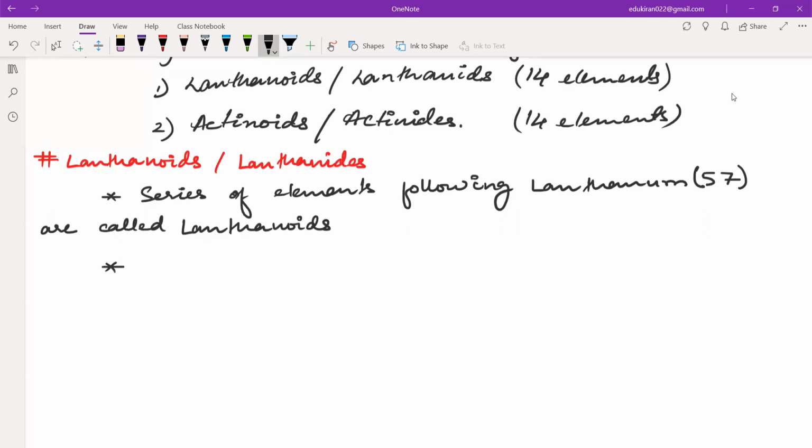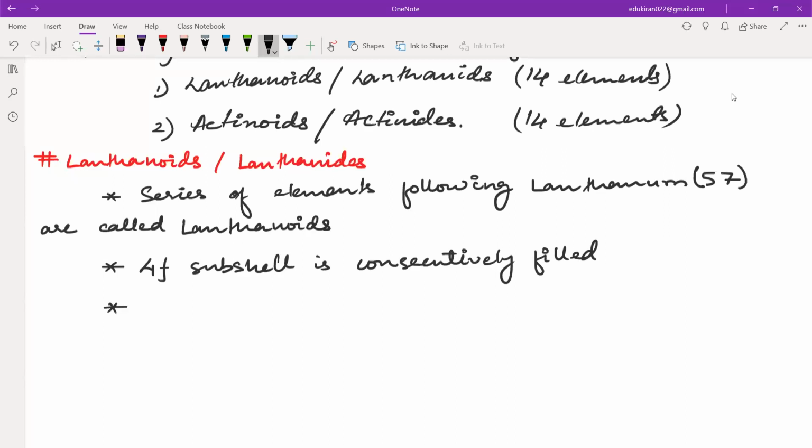And in lanthanoids, the 4f subshell is consecutively filled.